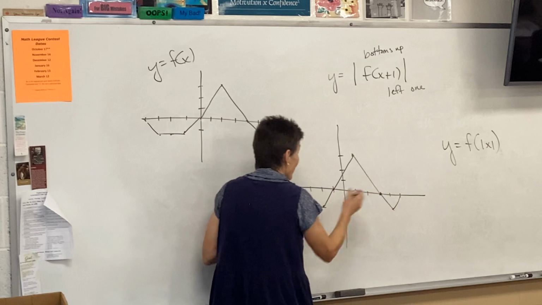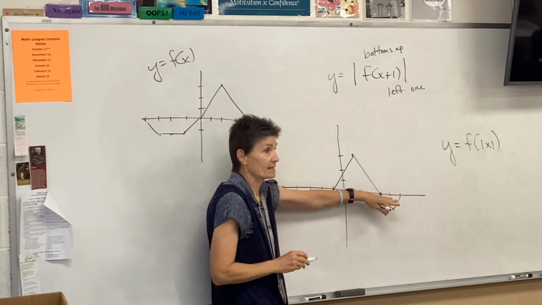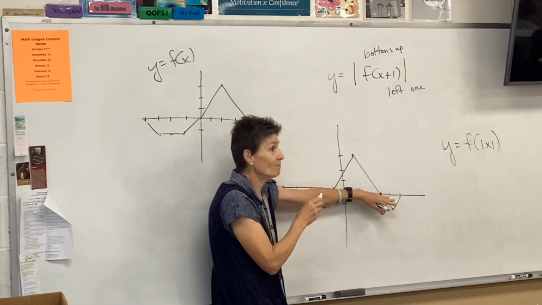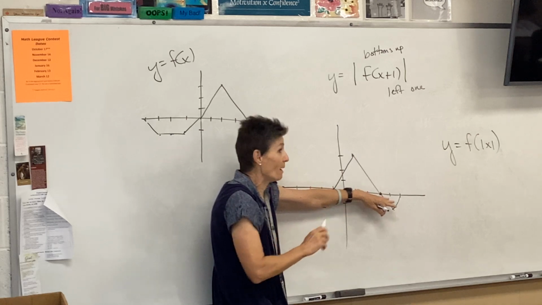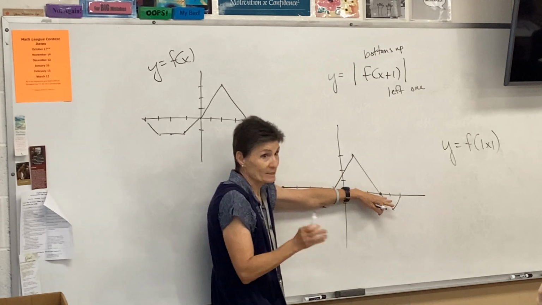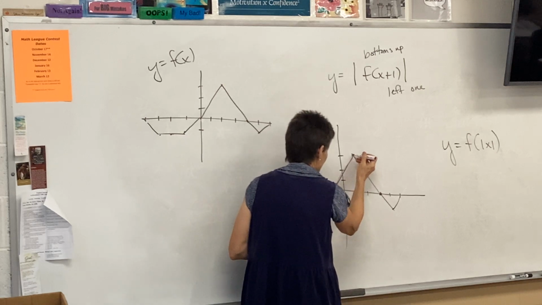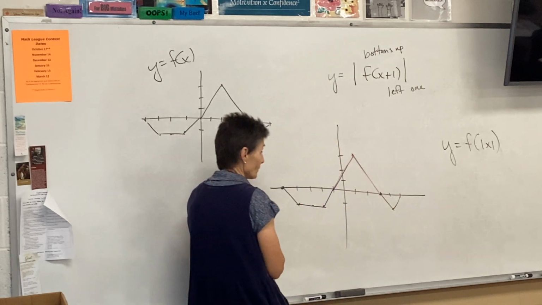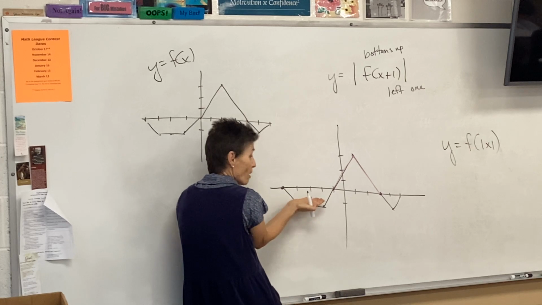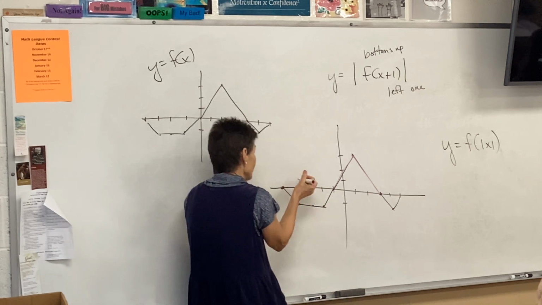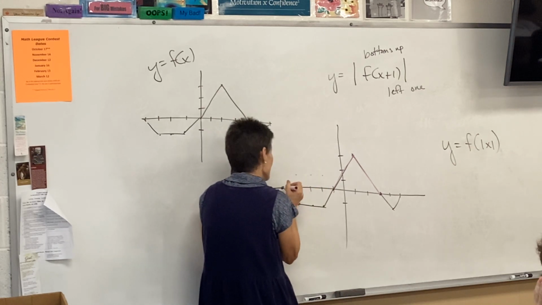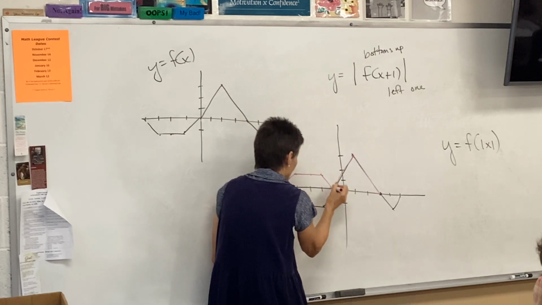So positive means above the x-axis. So if it's above my axis, it's already positive. So it's not changing. So this part of the picture is going to stay exactly the same. But what's going to happen to this trapezoid now? He's getting flipped up. So this isn't a whole flip.